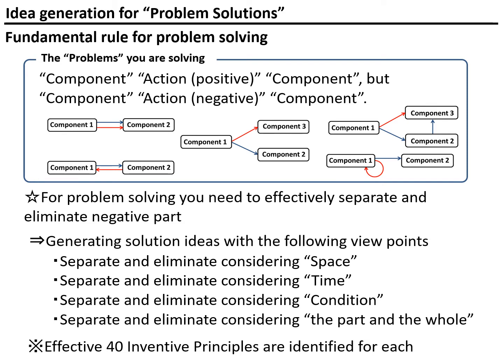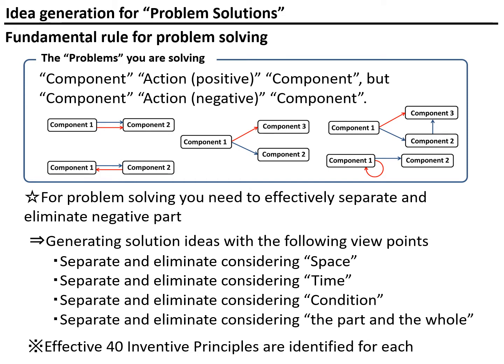Now, how you could do it is very simple. You need to separate some of the components. Then how you can separate is probably only four types. The methodology by which you could separate something is categorized into the following four types.